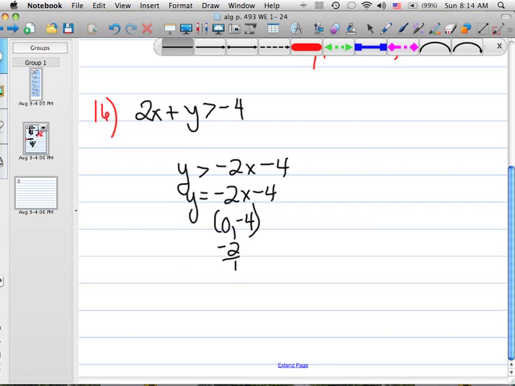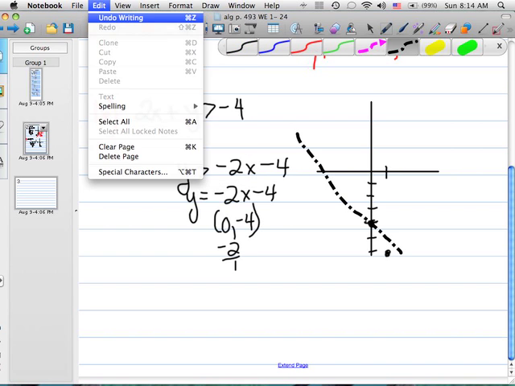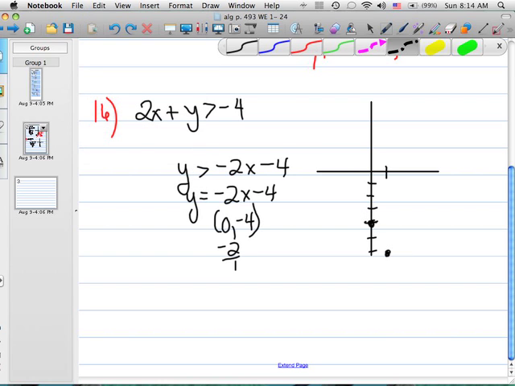Make your coordinate plane. Plot 0, -4. Slope is -2, so it's down 2, right 1. It's greater than, so we want a dashed line. Draw it straight. I'll try. That was the worst straight line I've ever seen.